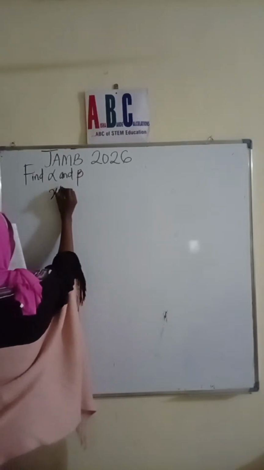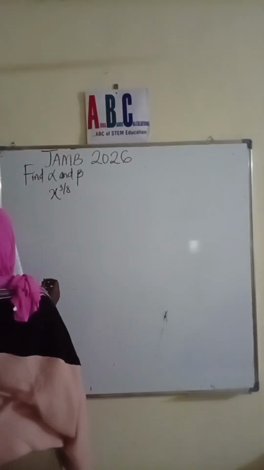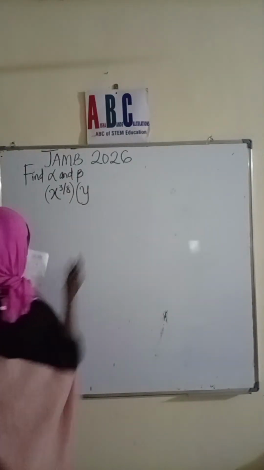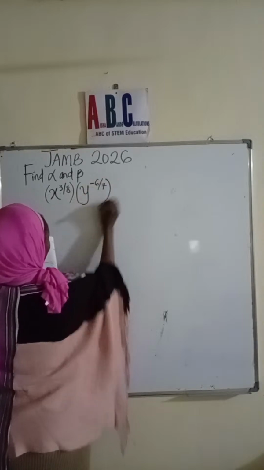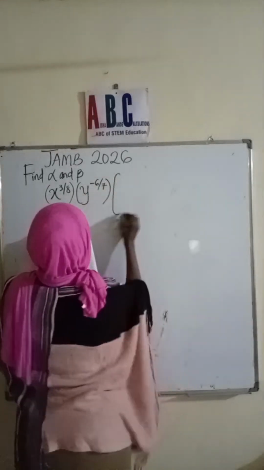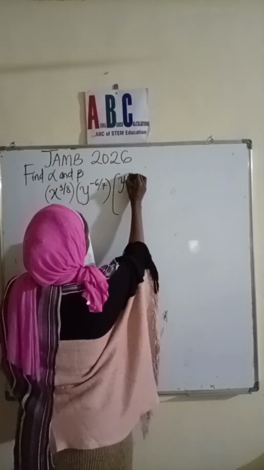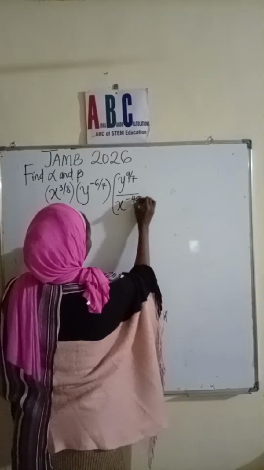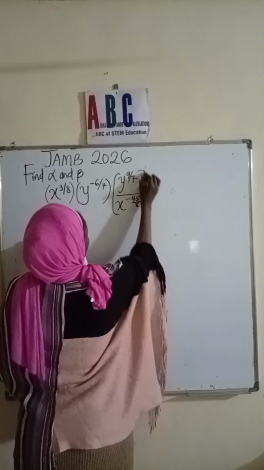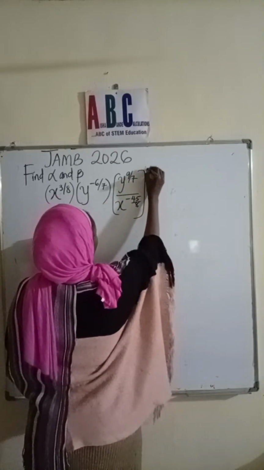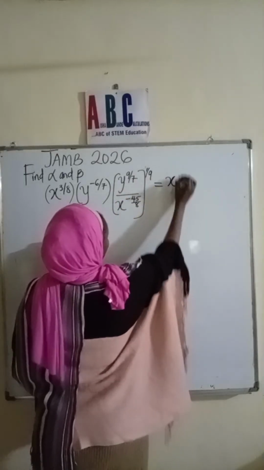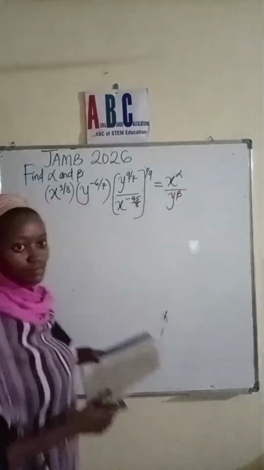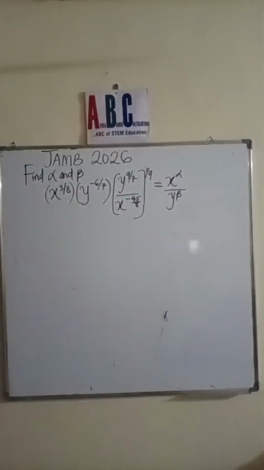X to the power of 3 over 8 times y to the power of minus 6 over 7, a bigger bracket, then we have y to the power of 9 over 7 over x to the power of minus 45 over 8, all of this to the power of 1 over 9 is equal to x to the power of alpha over y to the power of beta. Okay, this is the question.